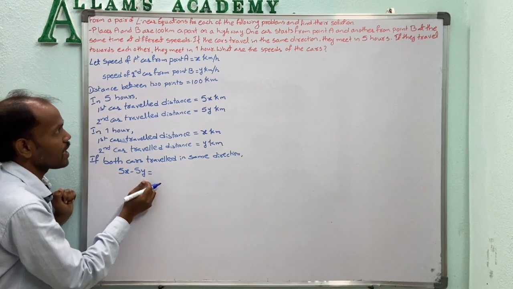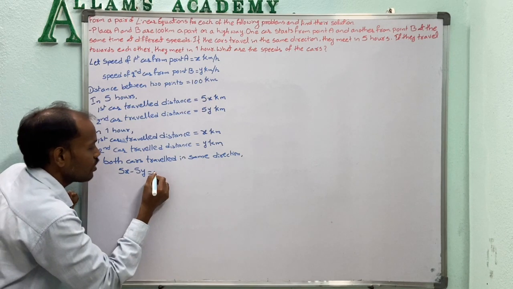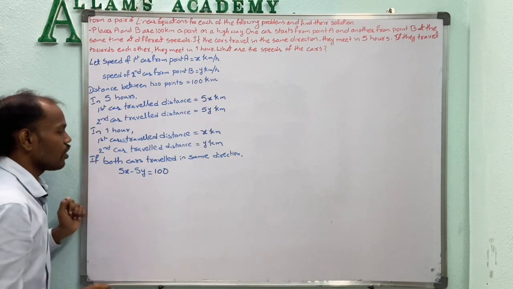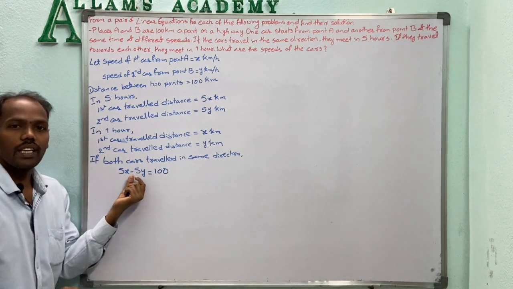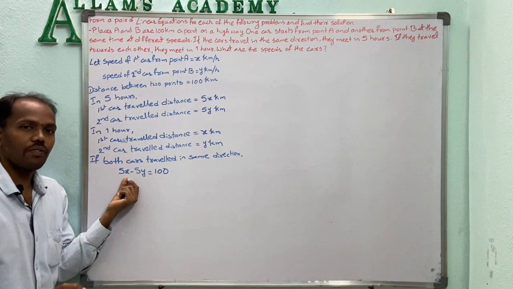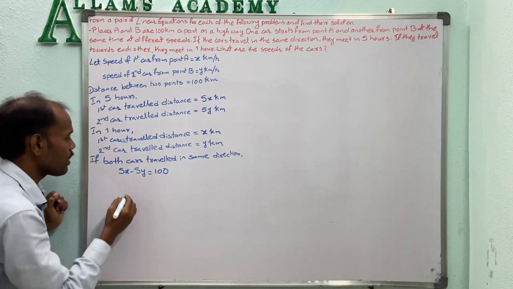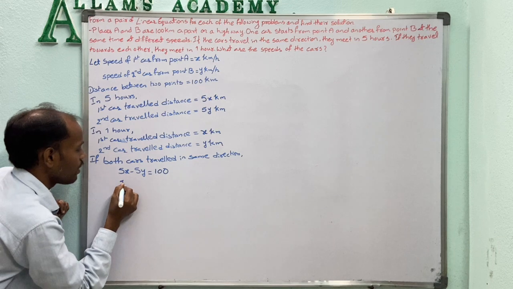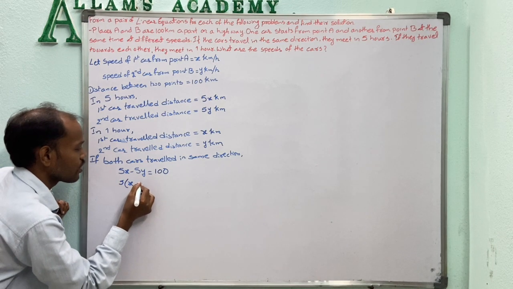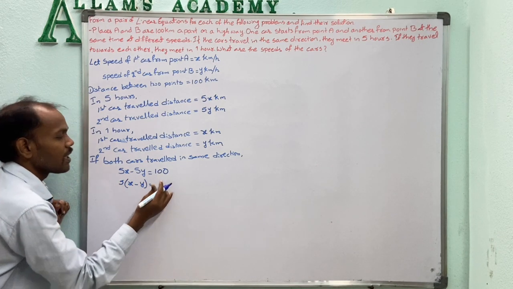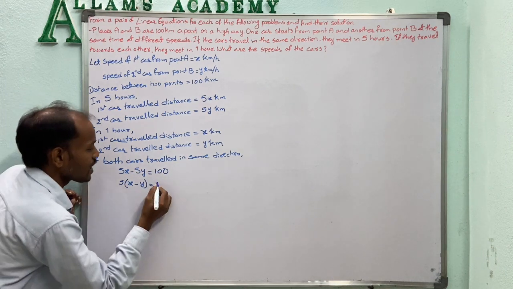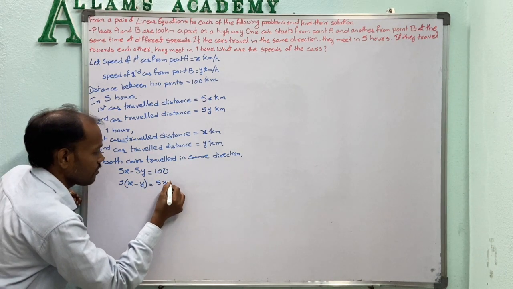So 5x minus 5y is equal to 100. Now here both x and y coefficients are 5, so 5 is the common number. Taking 5 common, we can write 5 into x minus y equal to 100, which can be written as x minus y equal to 20.